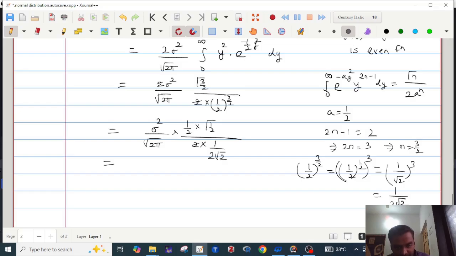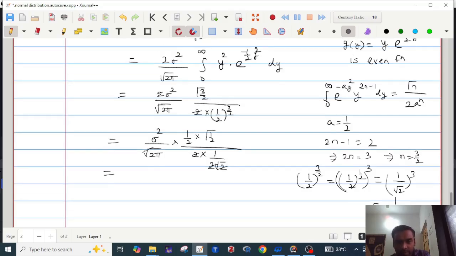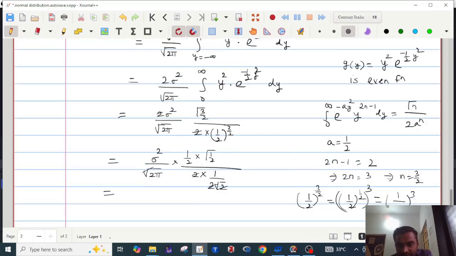This 2 went here, this 2 gets cancelled, this root 2 gets cancelled, this root pi gets cancelled, and with whom will this 1 half cancel? This 2 has already been cancelled, into a raised to n.